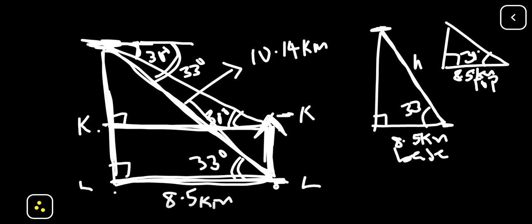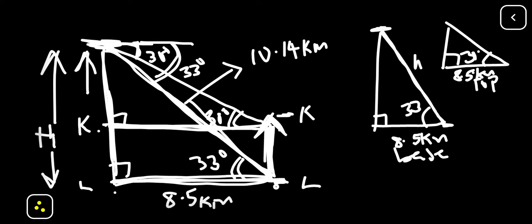So if we are able to find the total height here, and then we find the height here, we will subtract this height from this point to this point, and then we'll be able to get KL. That's it. So how would we do that now?